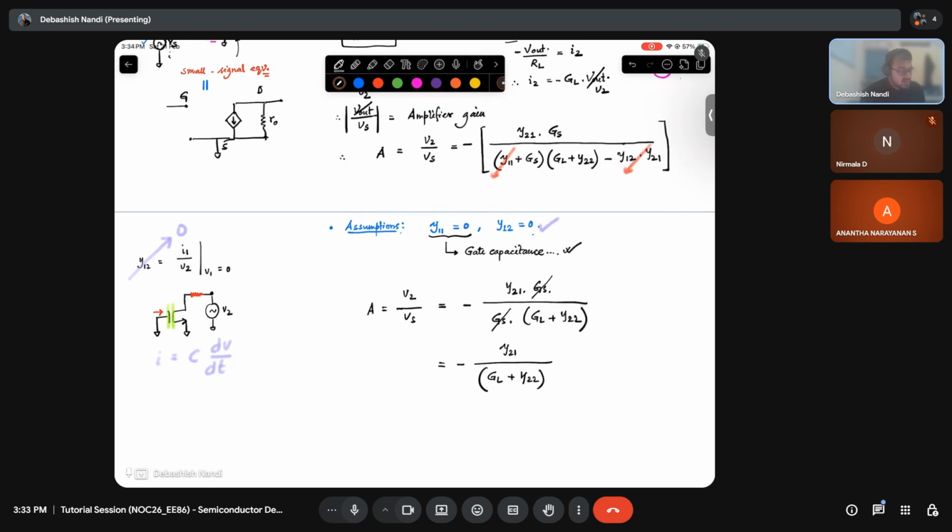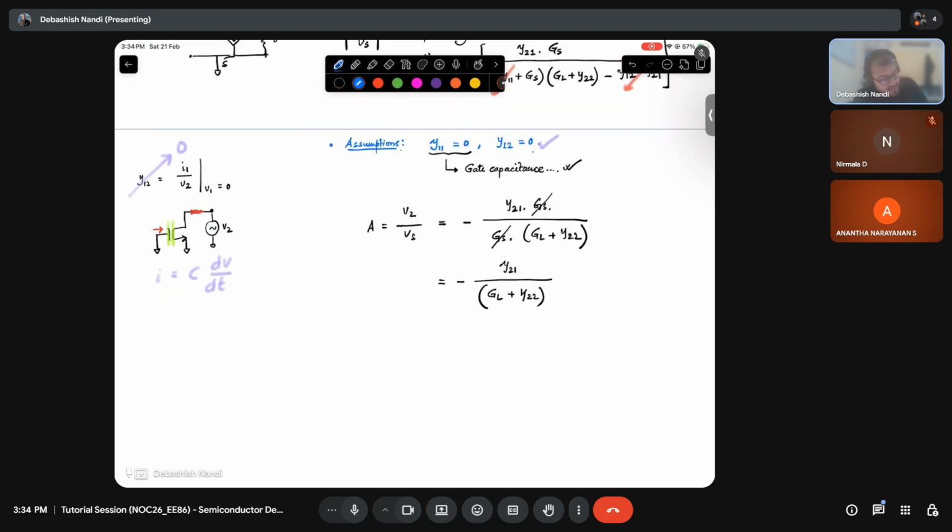Okay, so now can you tell me, for a good amplifier, A should be large. So what should be my Y21 ideally?